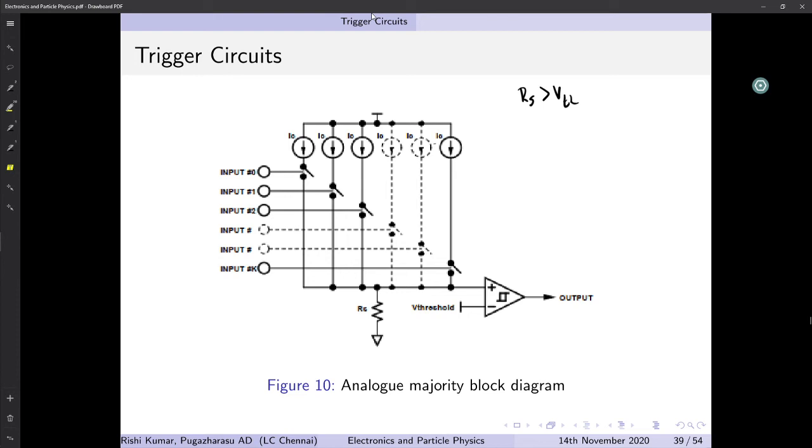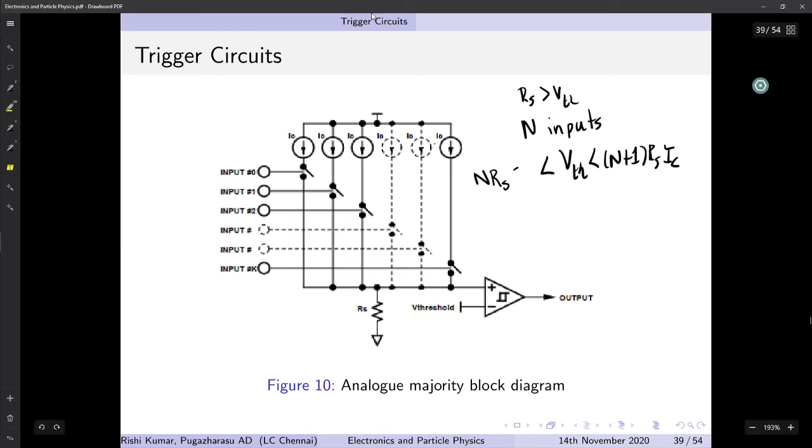And if you have a majority of, let's say, n inputs, you can write it as follows. VTH must lie between n plus 1 times RS IC, where IC is just the input current, and it must be greater than n times RS IC.